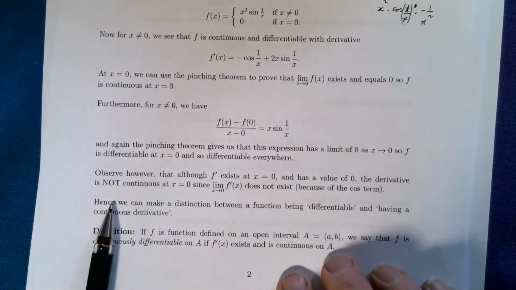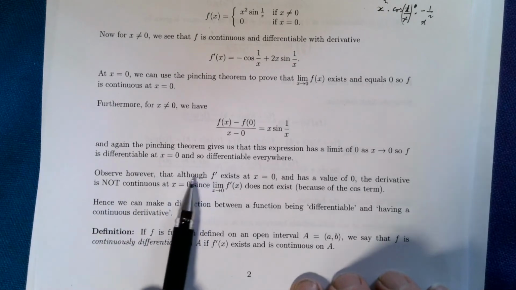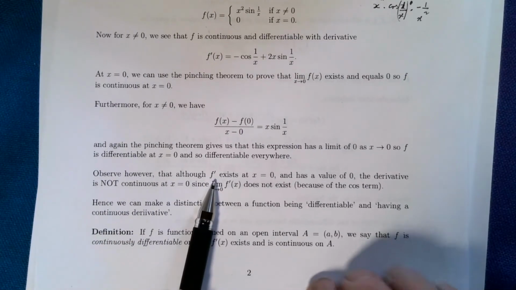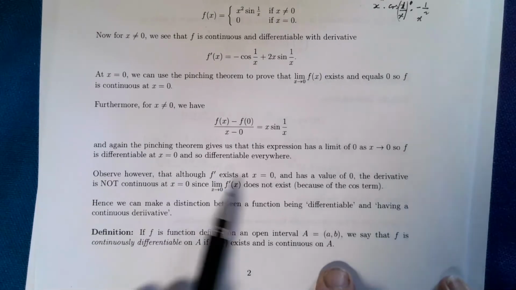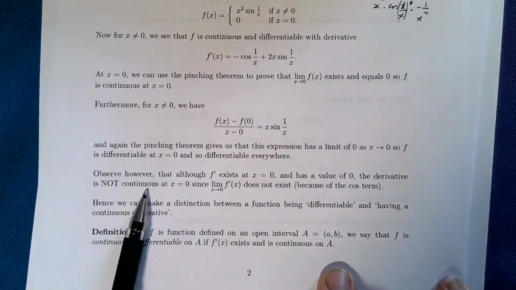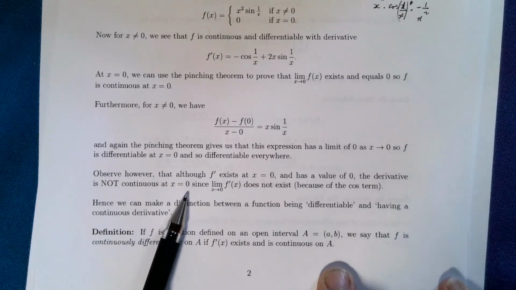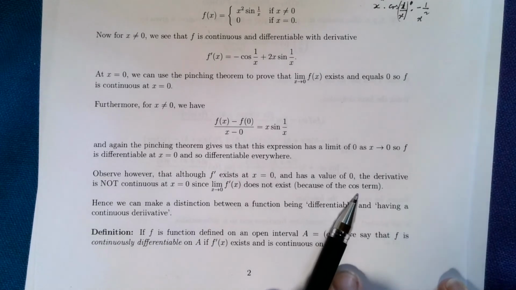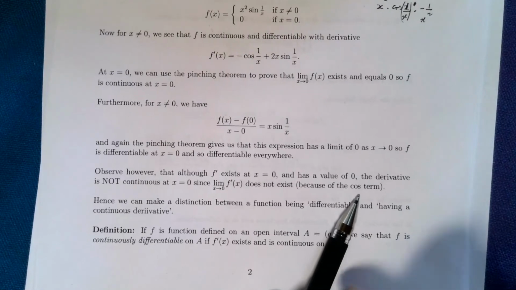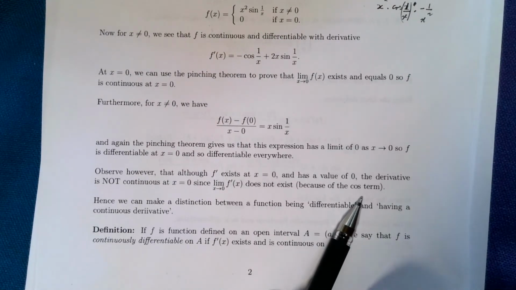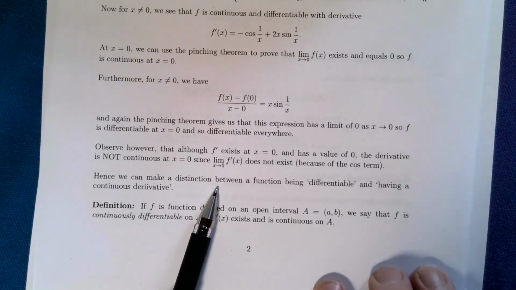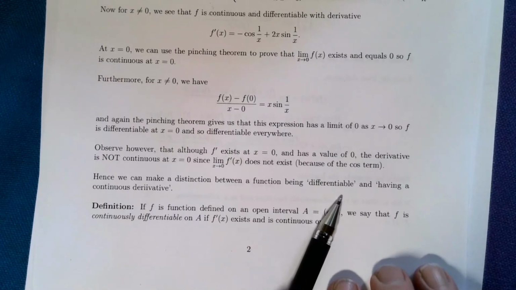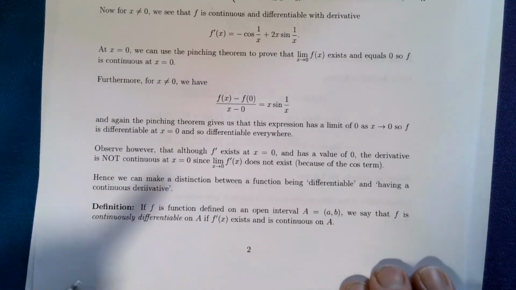So that is telling us then that although the derivative exists, the function is differentiable at 0, the derivative itself is not continuous at x is 0. Because when you try and take a limit of the derivative, this limit doesn't exist because of this cosine term. Now, you need to get your head around that. So we've got a function here which is continuous, it's differentiable, but the derivative is not continuous. And so we can make a distinction between a function being differentiable and having a continuous derivative.